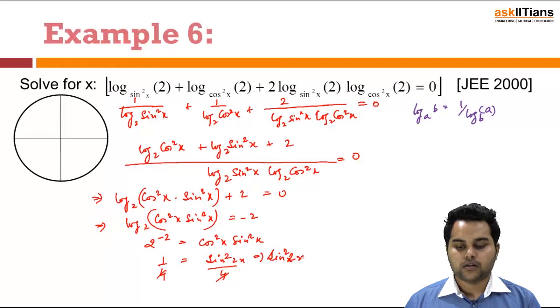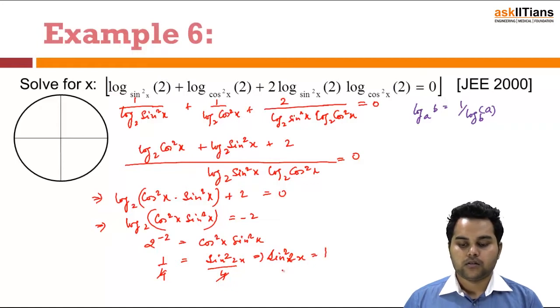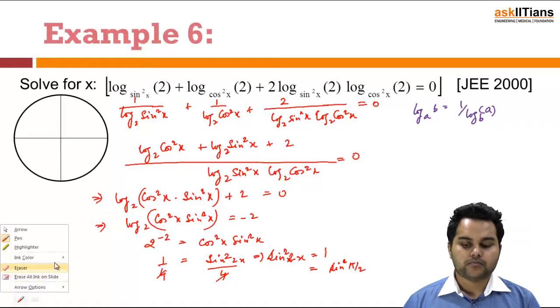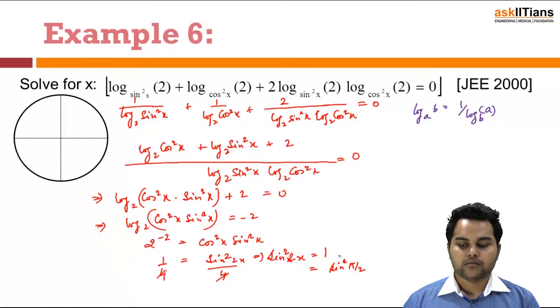Now this is of the form sine square theta is equal to sine square alpha, the solution to which was n pi plus minus alpha. So I'll write it as sine square pi by 2, and hence the solution to this equation would be 2x is equal to n pi plus minus pi by 2, or x is equal to n pi by 2 plus minus pi by 4.